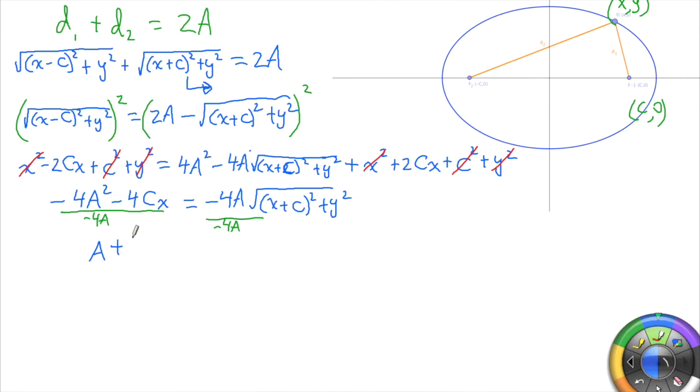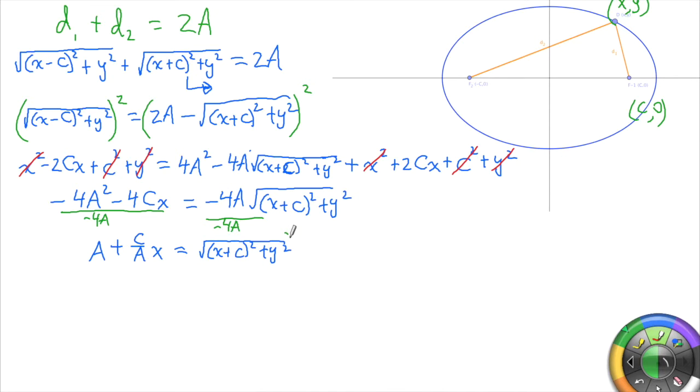It'll become positive. We're going to get c over a times x is equal to, and then we have the square root of this mess. Okay, almost there.